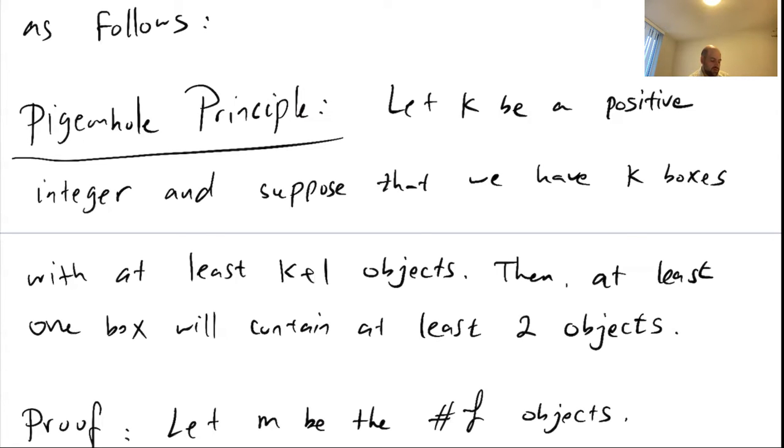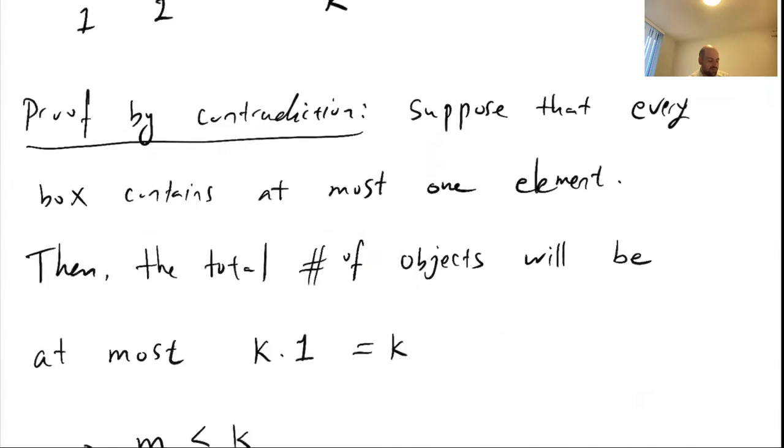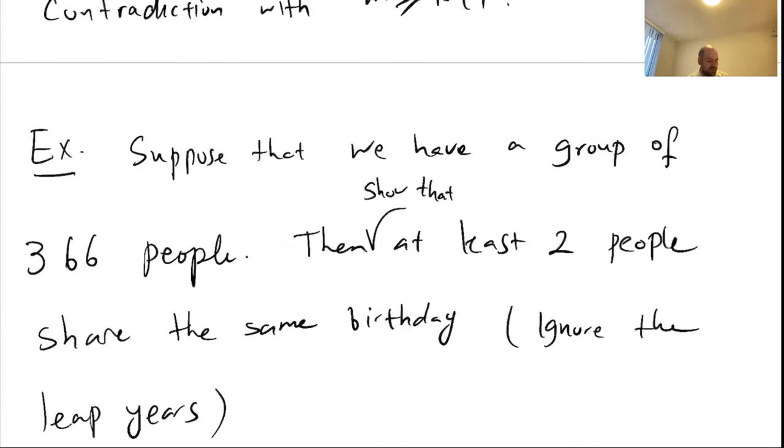So how can I use this? If I want to use the pigeonhole principle, I need a positive integer k, k boxes, and at least k plus 1 objects. What are the boxes here when we have people and birthdays? The days will be the boxes.